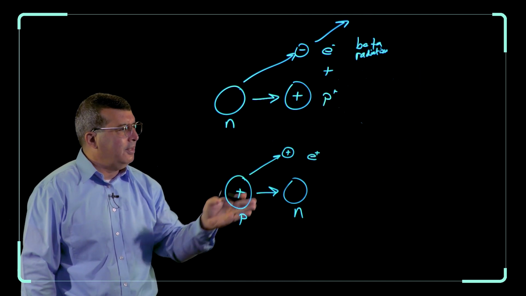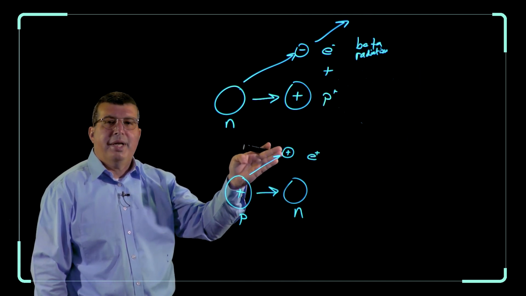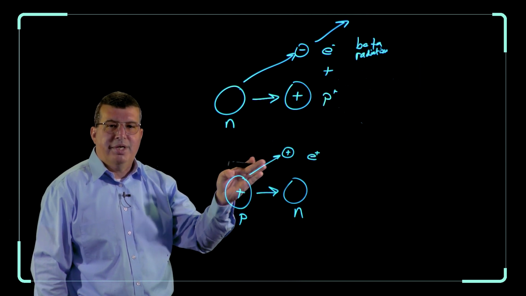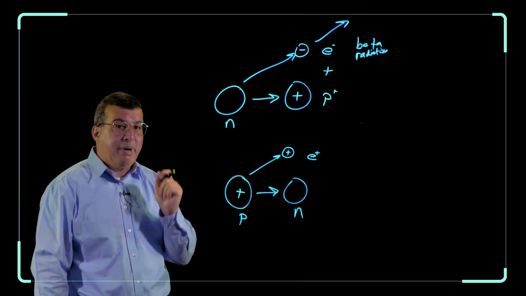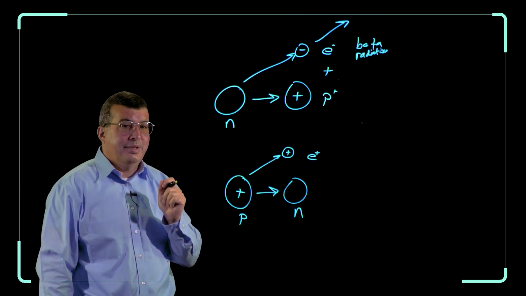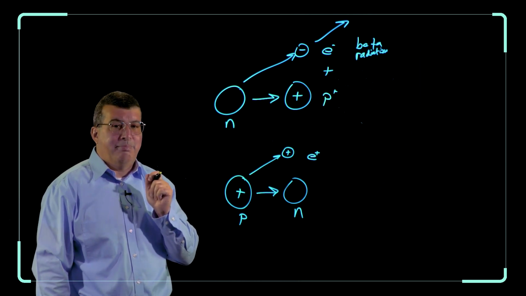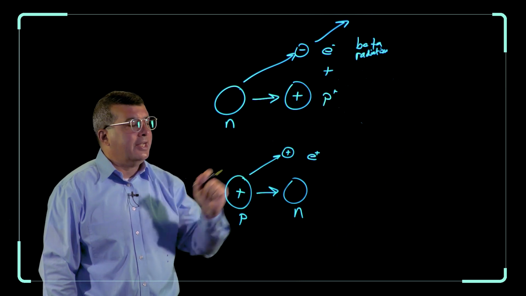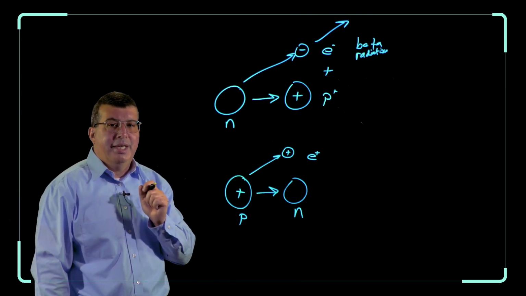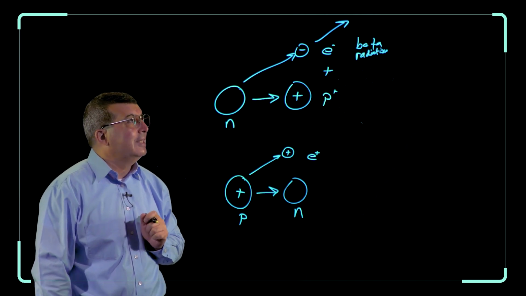So when a proton becomes a neutron, it also shoots out a positive electron, also called a positron. And if you've ever had a positron emission tomography scan or a PET scan, that positron is referring to positive electrons that are emitted in a process that is used to scan your body.